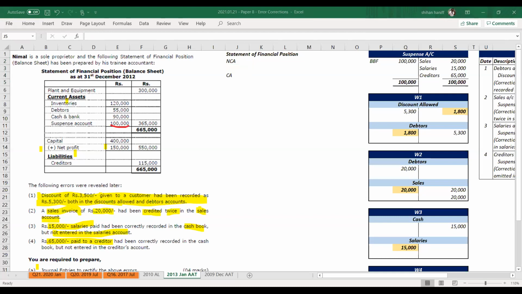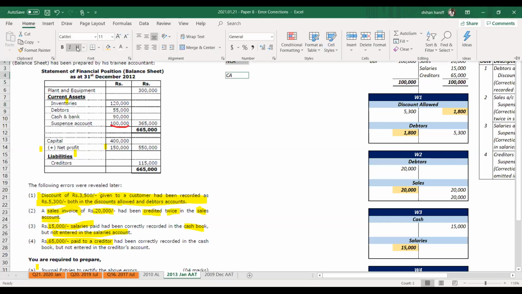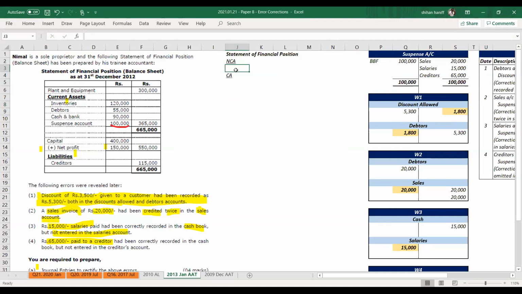If there is an error in a subsidiary ledger, do we consider it in correcting it? No, we don't correct it here. Subsidiary ledger, we have to adjust through the reconciliation. We don't correct it here. Plant and equipment.